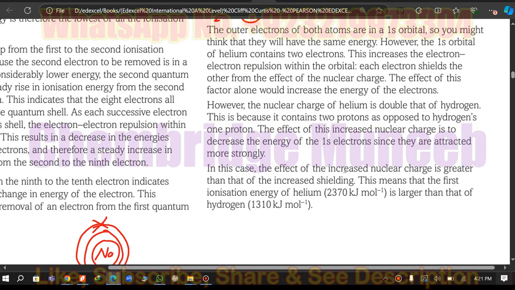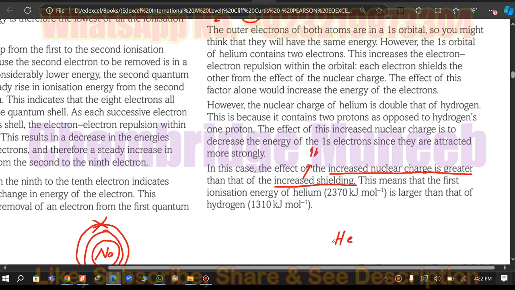Basically, there are two factors taking place. There is an increased nuclear charge and there is an increased shielding. The shielding is because of the repulsion between the electron pair in helium. This increased shielding is not as dominant as the increased nuclear charge of helium.